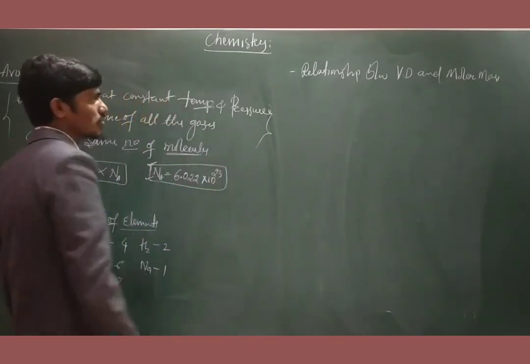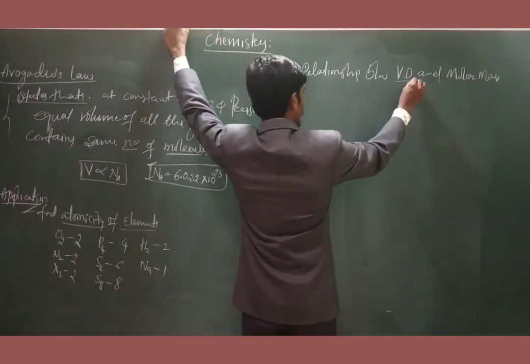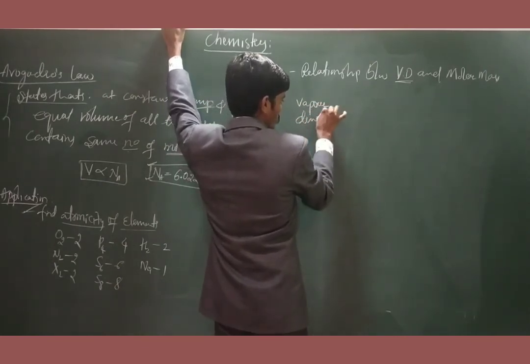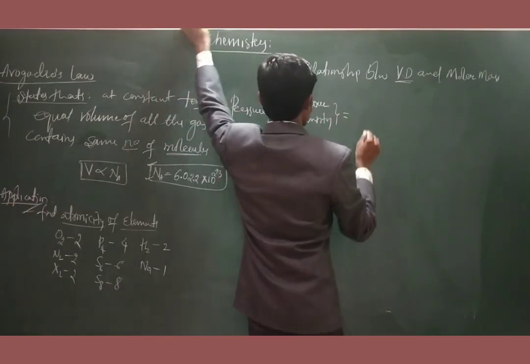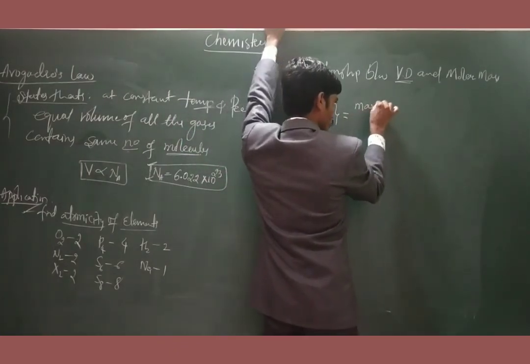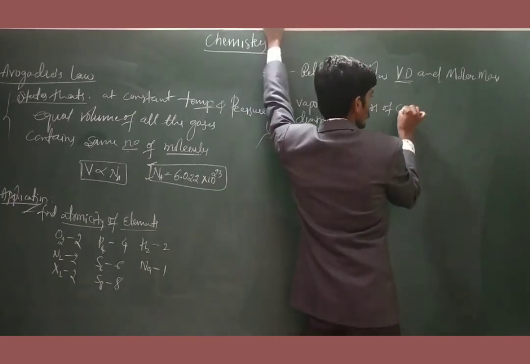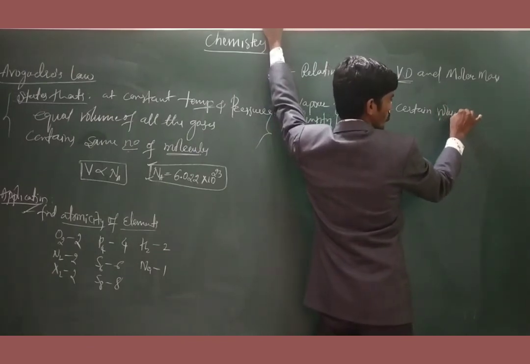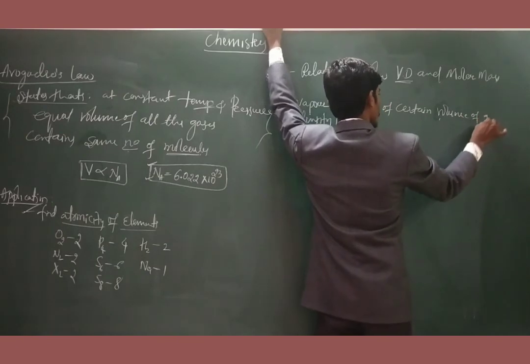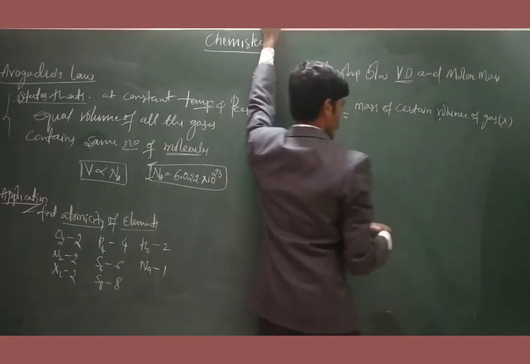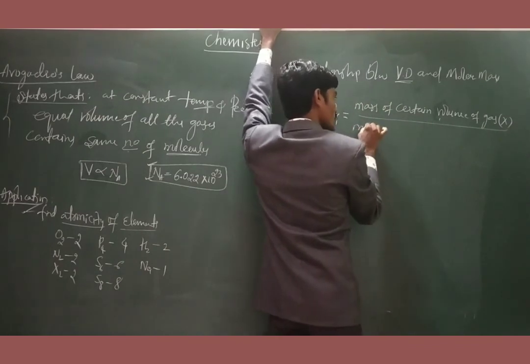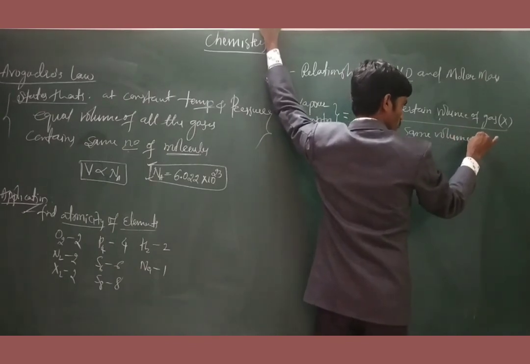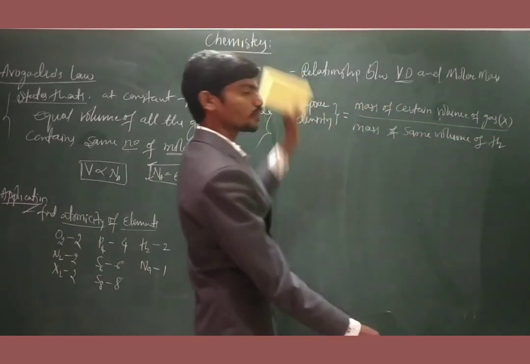Here vapor density is nothing but the mass of a certain volume of gas X, any gas, divided by the mass of the same volume of hydrogen, H2.